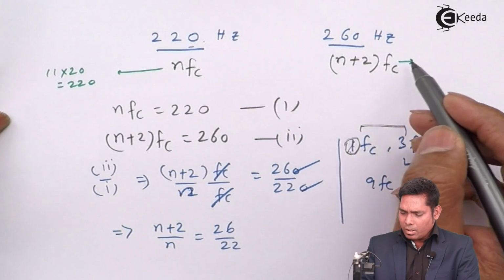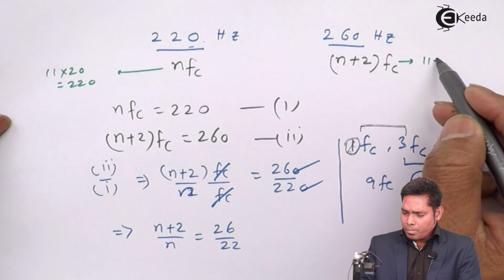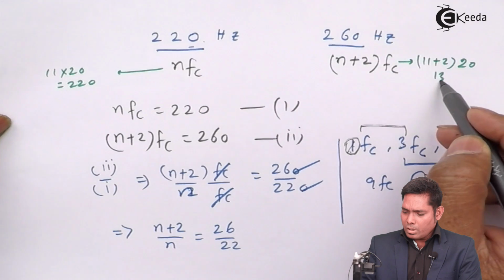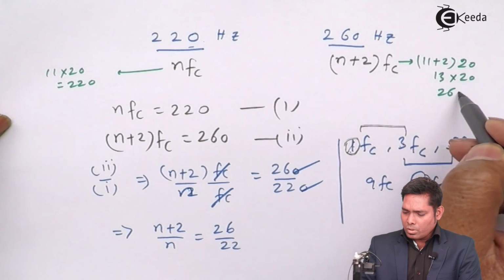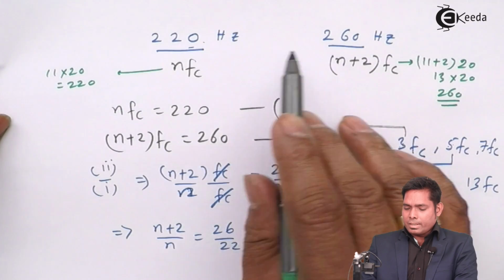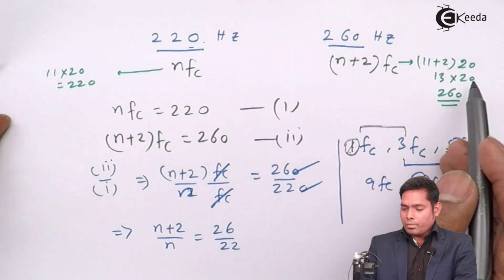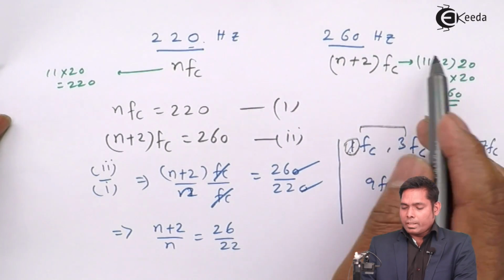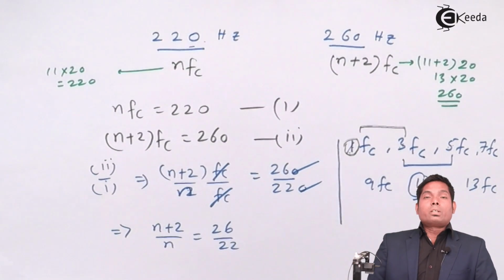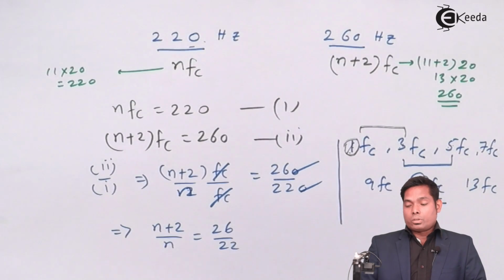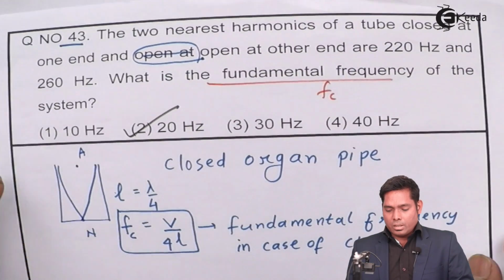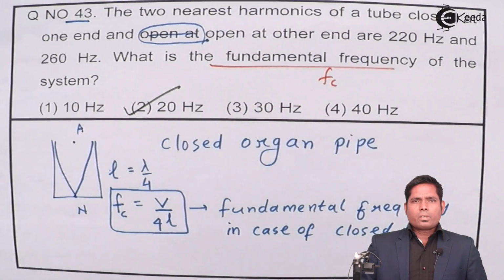Similarly, n plus 2 is 13, into Fc is 20, this is 260. This is possible only when the fundamental frequency is 20 Hertz and the corresponding consecutive frequencies are 220 Hz and 260 Hz. So the answer to this question is 20 Hz. Okay, thank you.